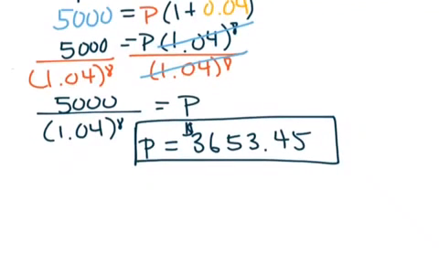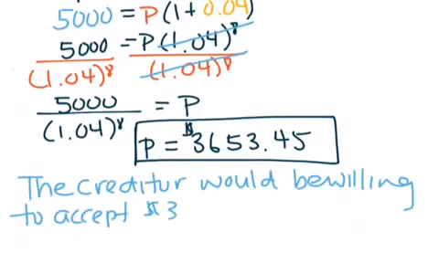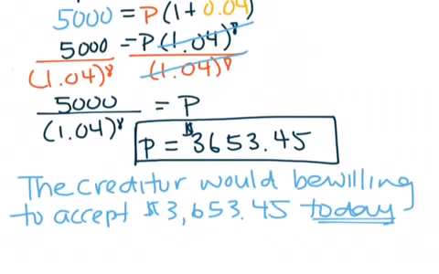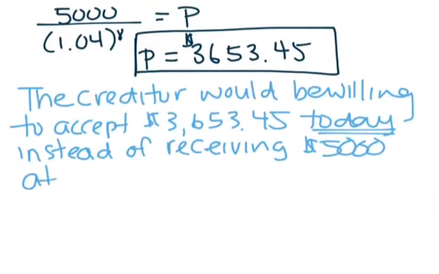So we can say that the creditor would be willing to accept $3,653.45 today instead of receiving $5,000 at the end of 4 years.